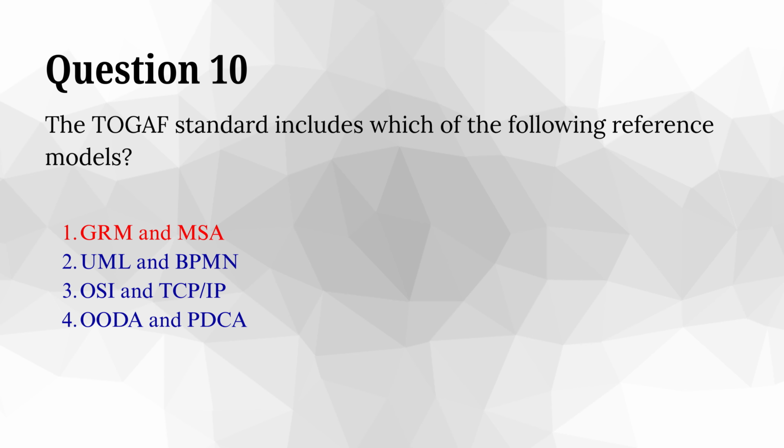The TOGAF standard includes models such as GRM, Governance Reference Model, and MSA, Microservices Architecture. These reference models help organizations align architecture practices, governance approaches, and modern architectural styles with enterprise objectives. TOGAF uses these models as foundational guidance, so architects do not need to start everything from scratch.